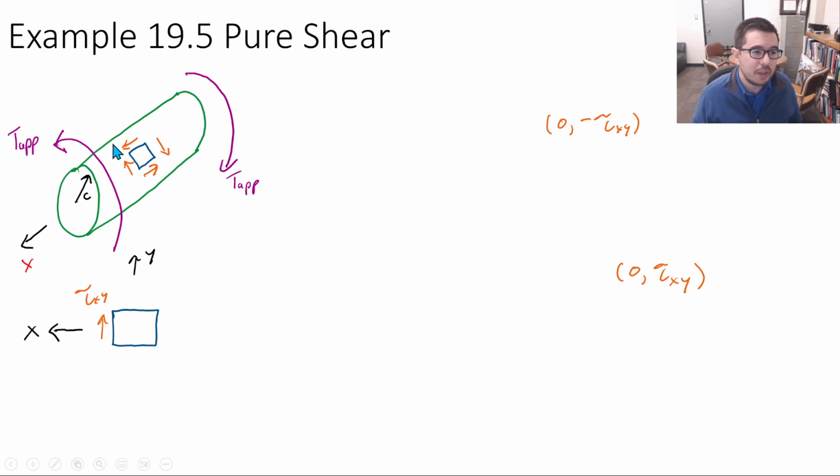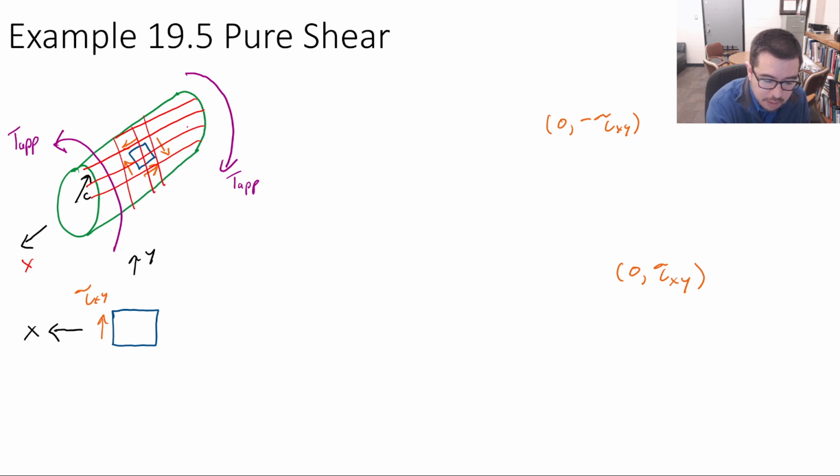So we've done this before. If I drew these lines coming across as it's twisting, it's not very good. Let's see if I can. If I start here and I go there, start there, go there, things are getting distorted like this.